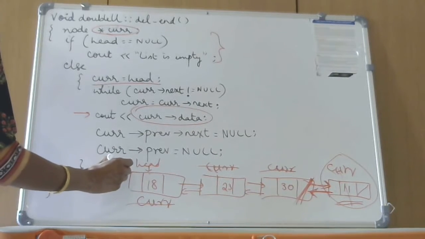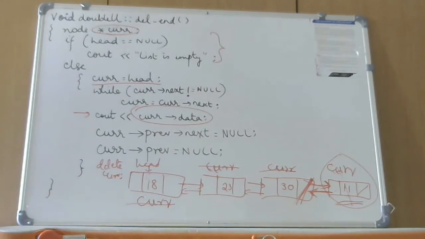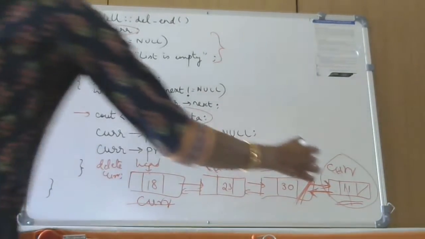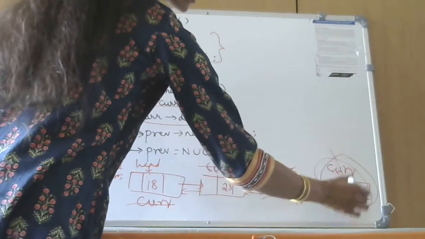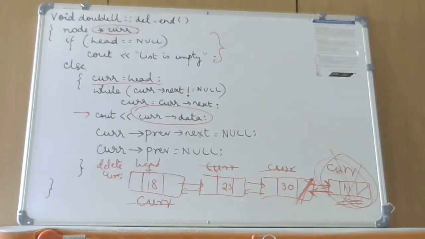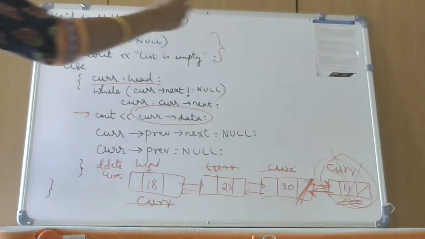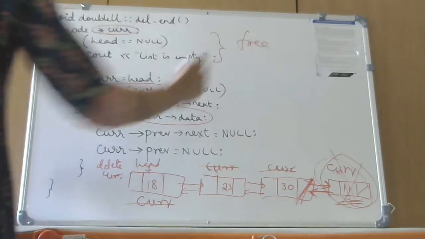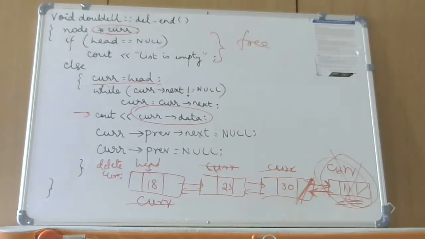Next you can also write delete current. Why are we writing this? After this you can write that. That is because, as I told you, we said delete yes when we deleted at the beginning. We took a pointer yes. Now we are doing current because we are deleting this node. So whatever memory is allocated to that, we are going to deallocate that memory using current. It is similar to our free function. So all of us know what is free, is it not?